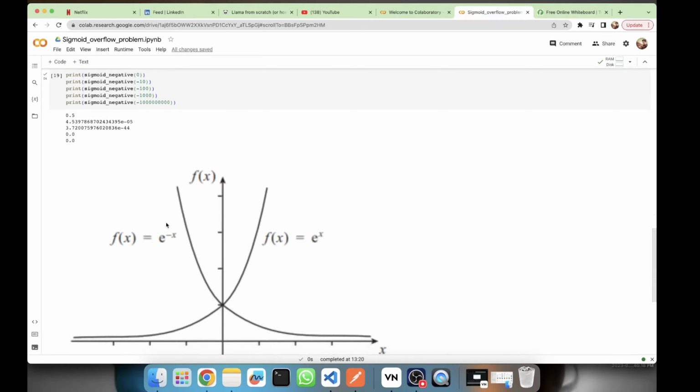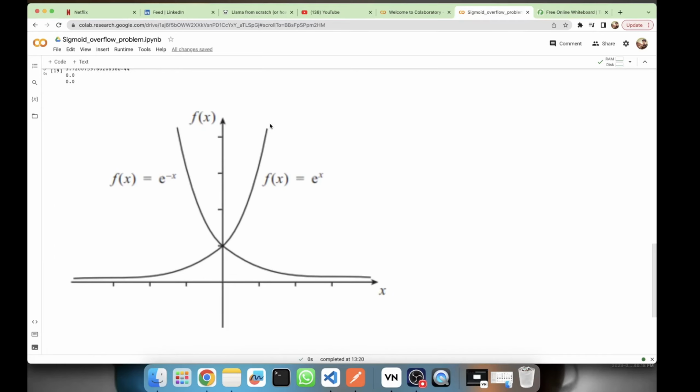Now because of that, what happens is, because the value is very high, the floating number limitation in numpy takes a hit. Every data type which is defined has a certain range, a certain limit. Because you are passing a very high value to e to the power x, the result will be a very high value.